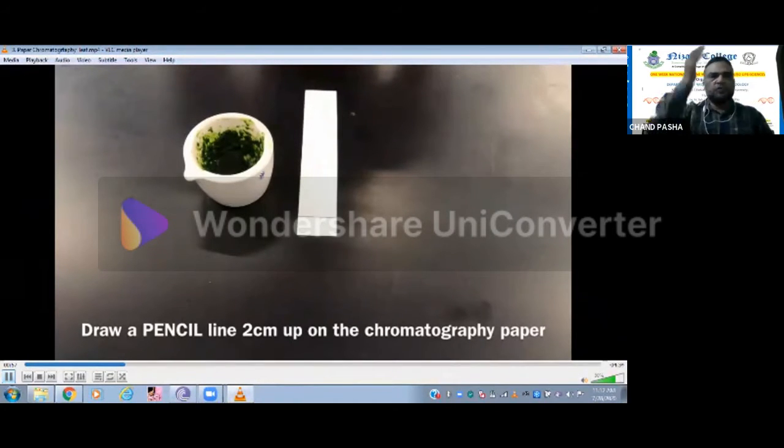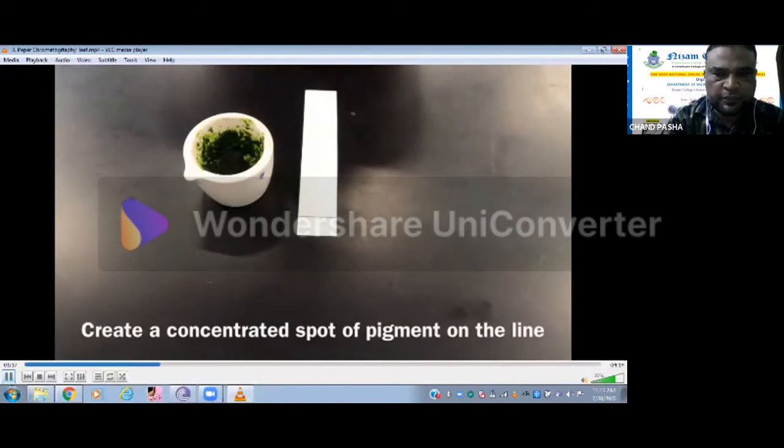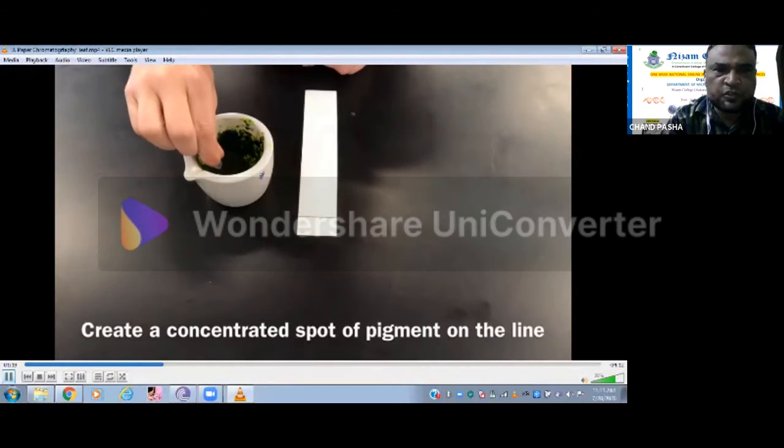Here you take chromatography paper and make a mark 12 centimeters above the base point. Here you are separating only one sample. When you have multiple samples, you take a bigger chromatography paper and put multiple points on it.